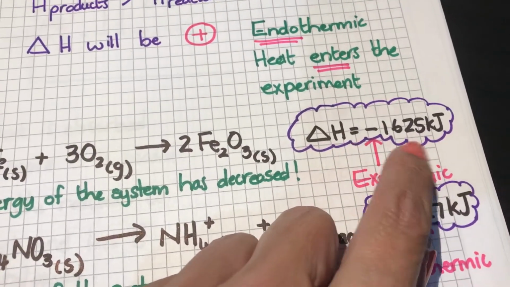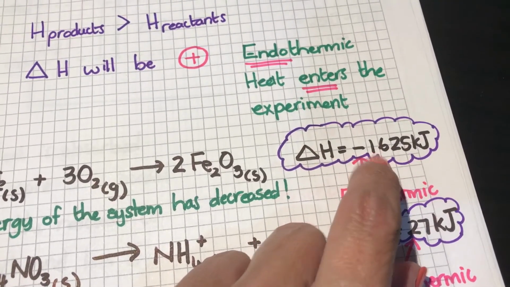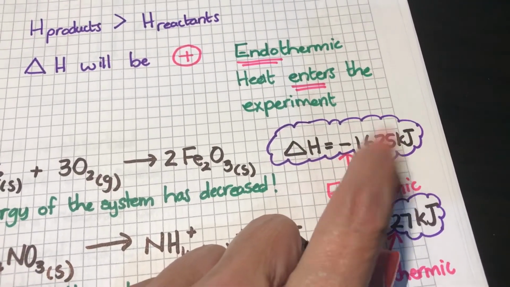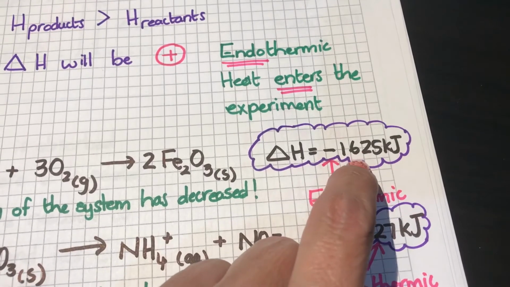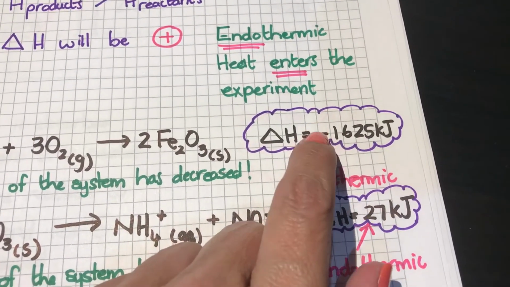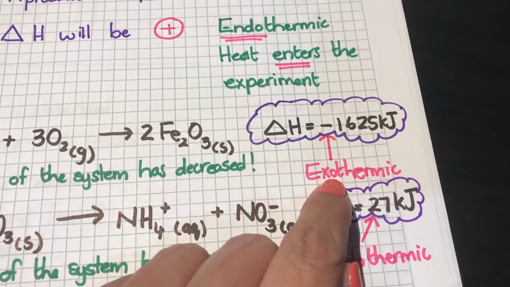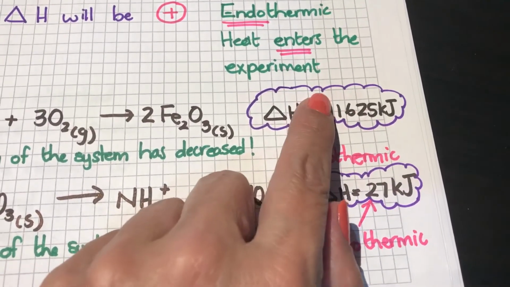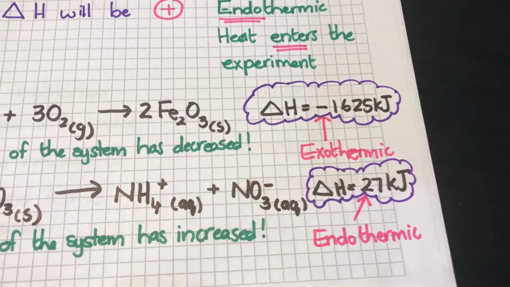If I have more than 1 mole, my energy will be more. If I have less than 1 mole, my energy will be less than that. So the energy is 1625 kilojoules, but the negative symbol tells me that it's exothermic. So that's the amount of energy that's given off. The negative tells me it's exothermic.